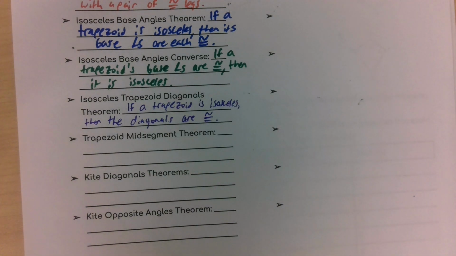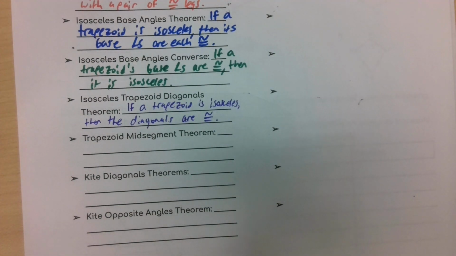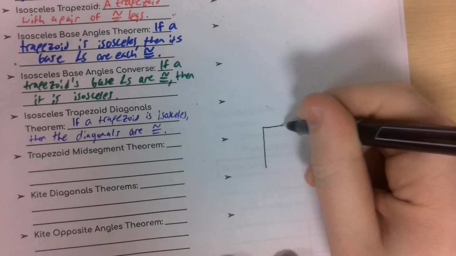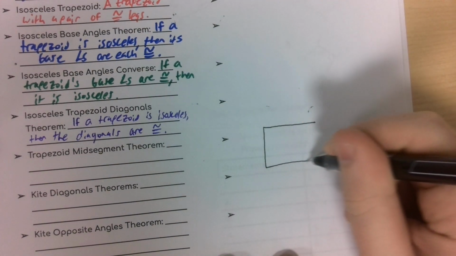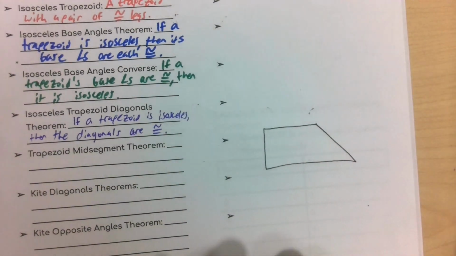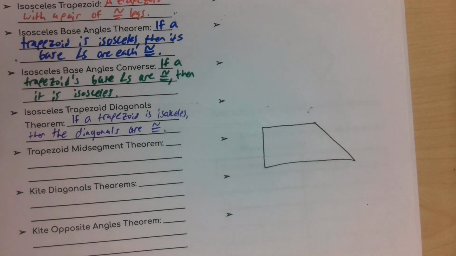The last trapezoid definition I want to talk about is going to be the trapezoid mid-segment theorem. And this is a weird one. We've dealt with mid-segments before when we were talking about triangles. But we never did it while talking about trapezoids. So first off, what is a mid-segment?